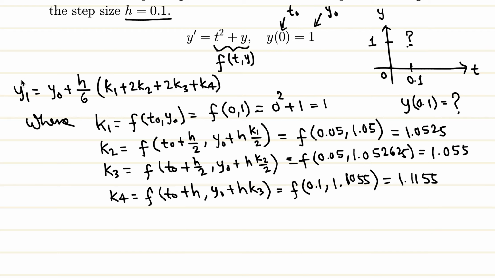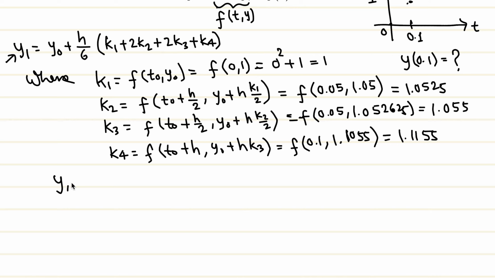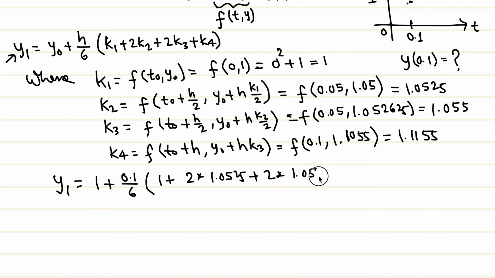Okay, now we have all the ingredients. We plug in here. So y1 is y0, the previous point given, 1, plus h over 6, 0.1 over 6, times k1, which is 1, plus 2 times 1.0525, plus 2 times 1.055, plus k4, 1.1155.